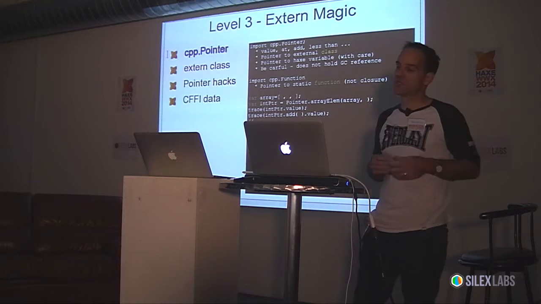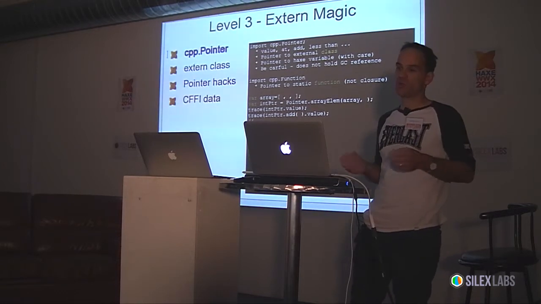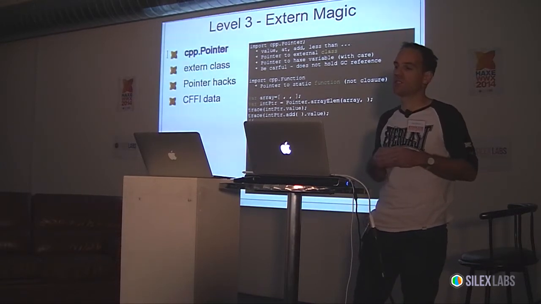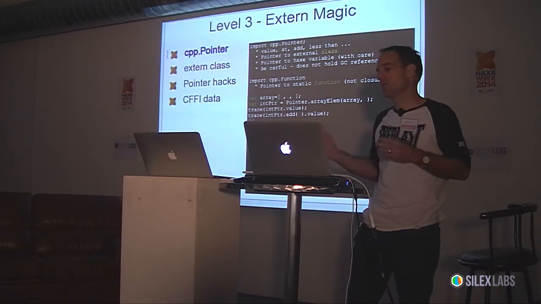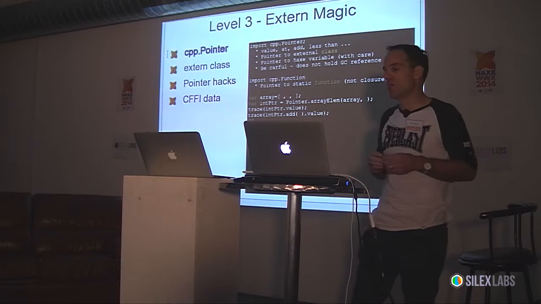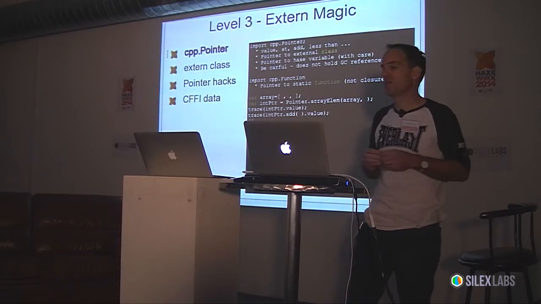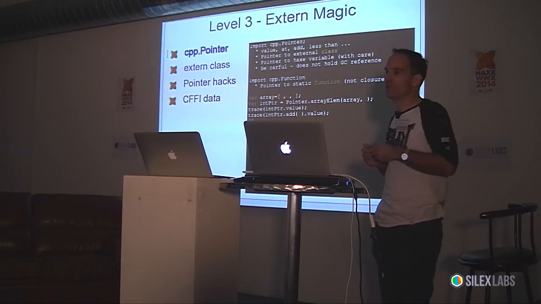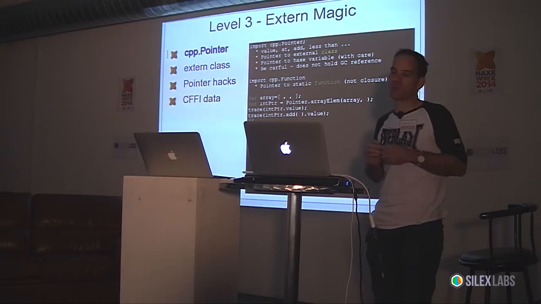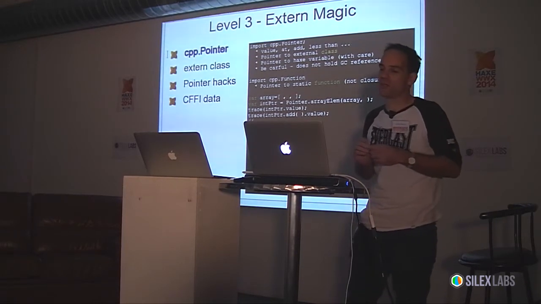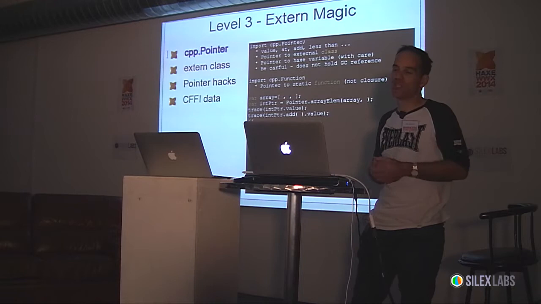It's designed to be worked with an external class, which I'll get to next, but you can also use it actually on your Haxe member variables themselves. But you have to be careful here because the pointer won't hold a garbage collector reference, so it's quite possible that the data that you're pointing to might actually move while you think you're pointing to it.